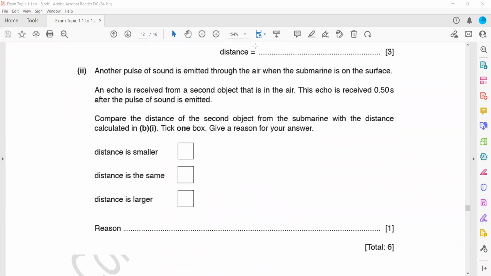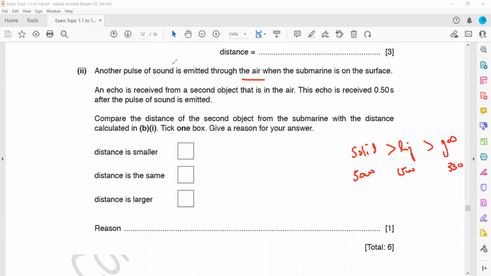Another pulse of sound is emitted through air. Remember, when we compare the speed of sound in solid, liquid, and gas, sound travels fastest in solid, followed by liquid, and slowest in gas: about 5000 in solid, 1500 in liquid, and only 330 or 300 in gases.